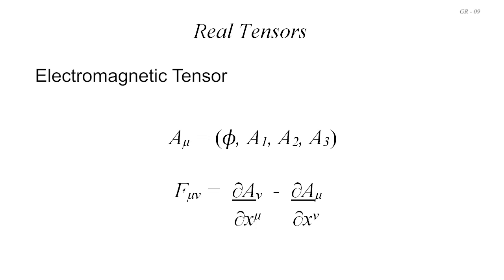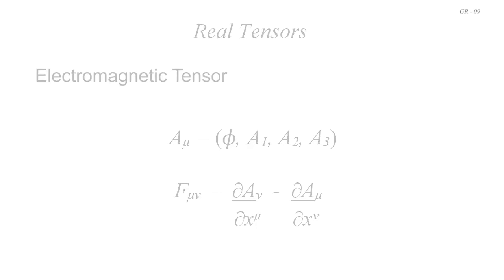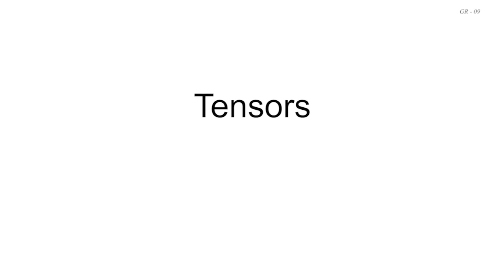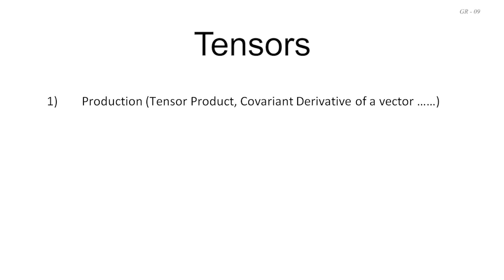We should by now have a reasonable concept of what a rank 2 tensor is and how such things can be manipulated. And there's 4 things we should be basically aware about. Number 1, how they can be produced from the tensor product of 2 vectors or by taking the covariant derivative of a vector.